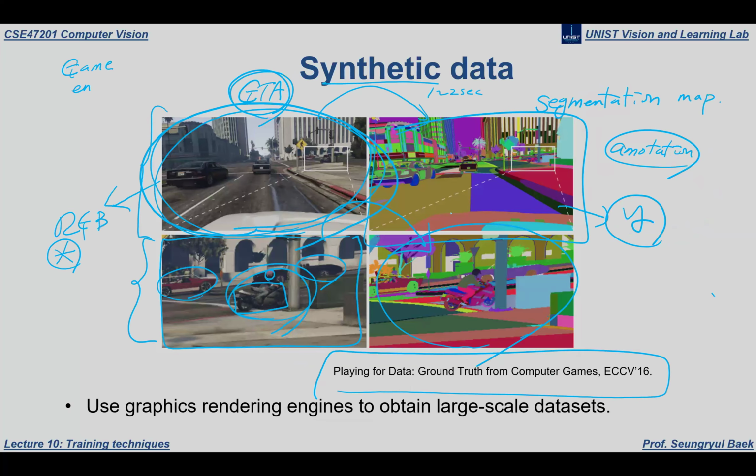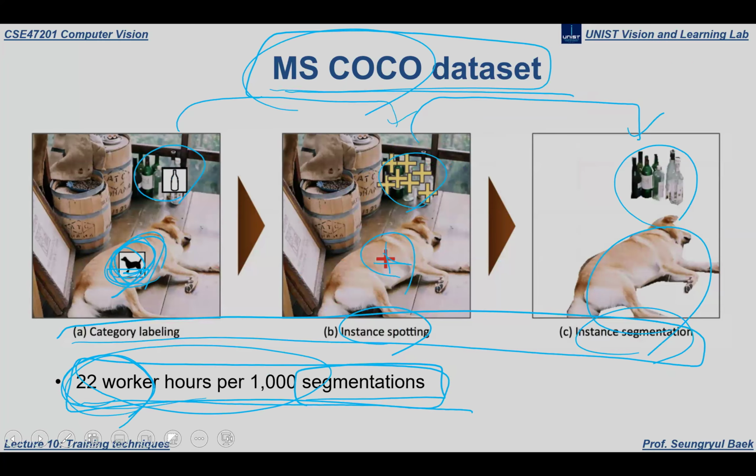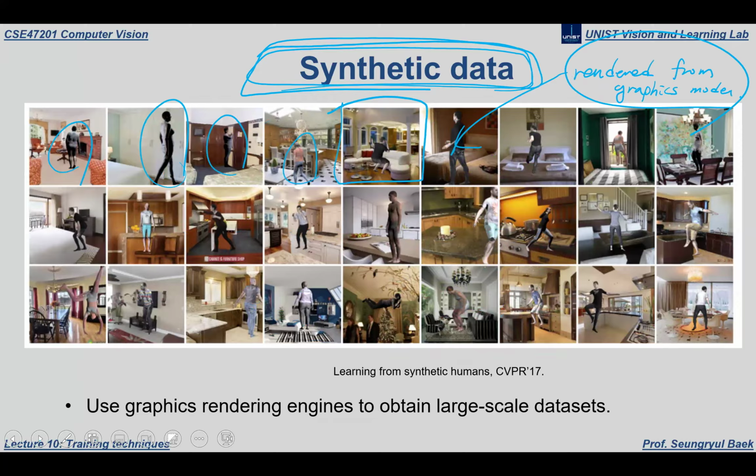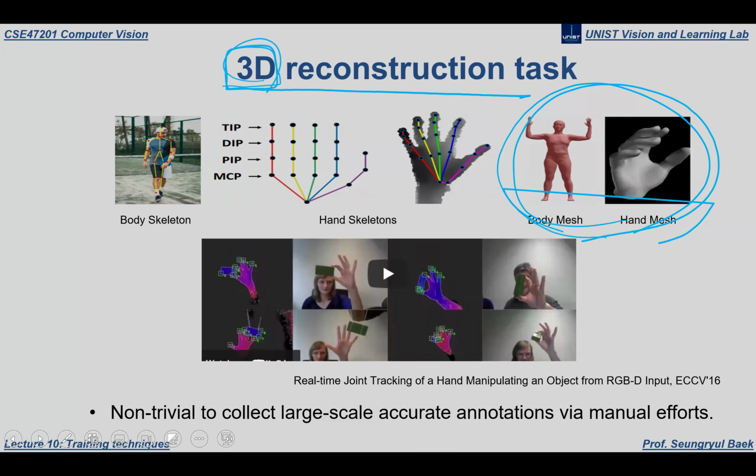Here, segmentation masks and object detection bounding boxes, you can secure them if you take time. But in 3D space, even for 2D pose it is easy. If you take time, you can secure the accurate ground truth, but it is hard to secure accurate depth values in a 3D reconstruction task.